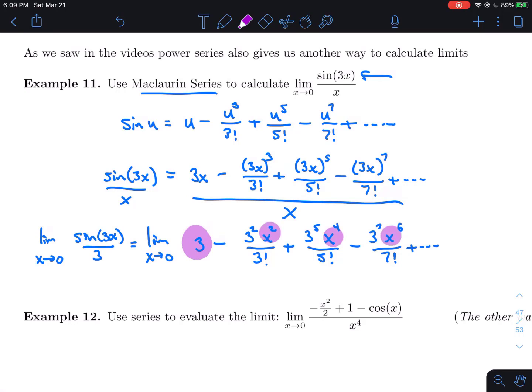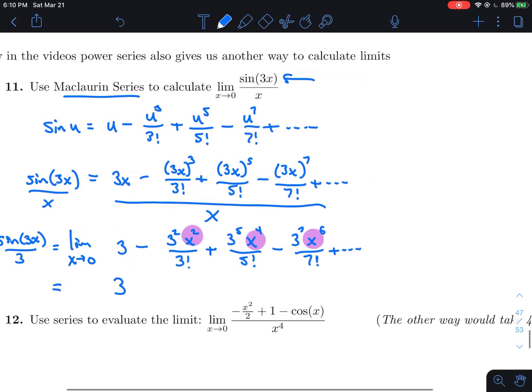And as we keep on going, those powers of x are going to get bigger and bigger and bigger. And so if all of the x's are going to 0, the only thing that's going to survive is this 3. We're going to have 3 minus 0 plus 0 minus 0 plus 0, right? But the 3 is the only thing that's actually going to exist after we plug in 0 everywhere we see an x. And so the answer is 3.